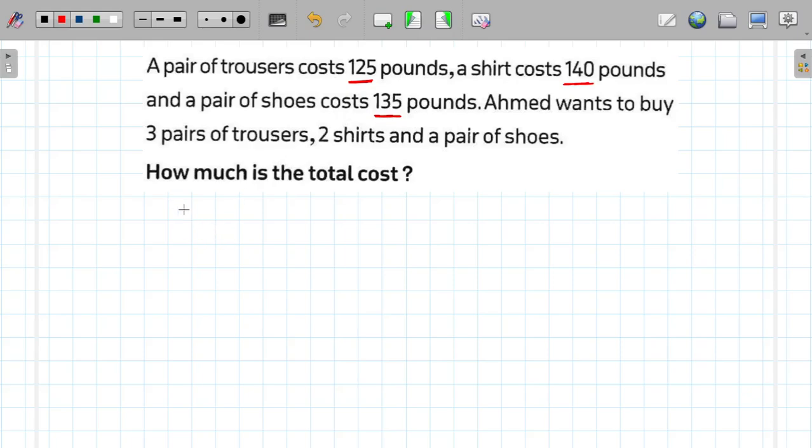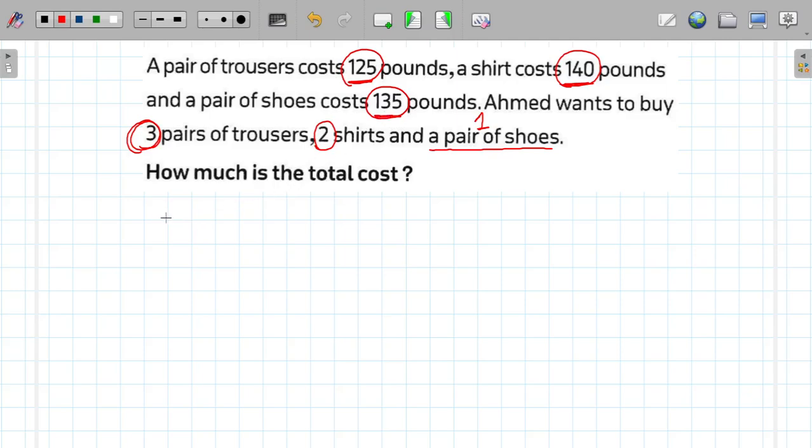Okay, so I want 3 pairs of trousers, and every pair costs that number. And I want to buy 2 shirts, and every shirt costs that number. And I want to buy just 1 pair of shoes, and that 1 pair costs that number.